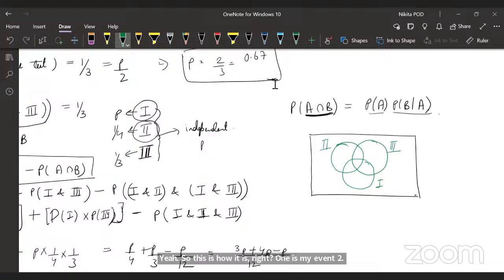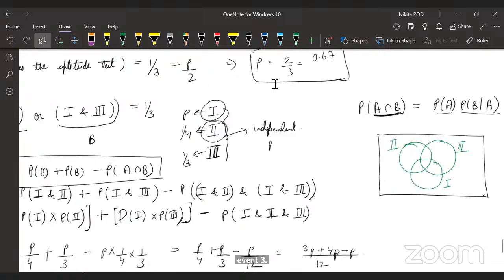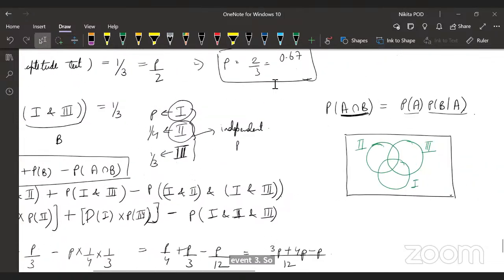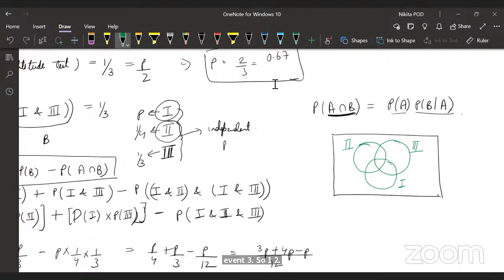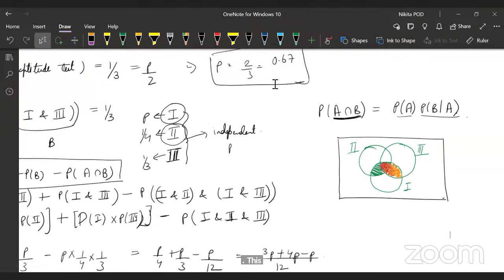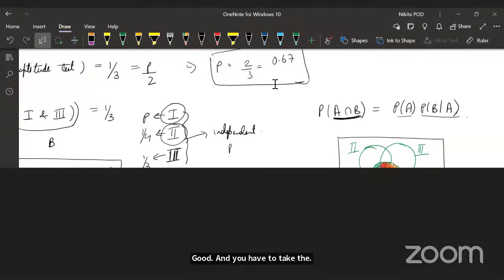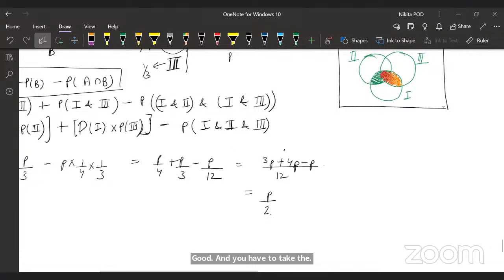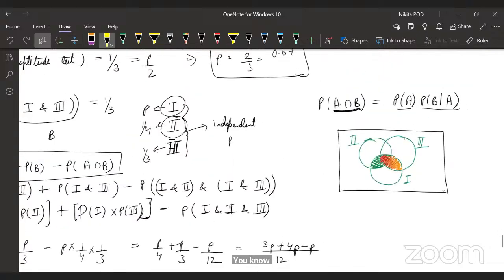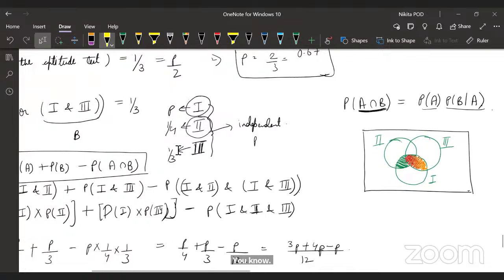So 1 and 2 is this, 1 and 3 is this. And you have to take the union of these two. Right? You see, they're not disjoint. You can see that in the figure.